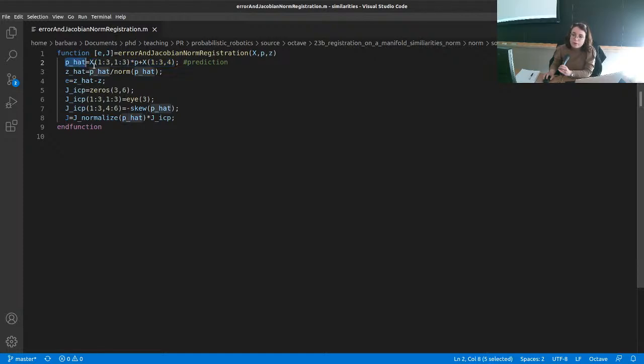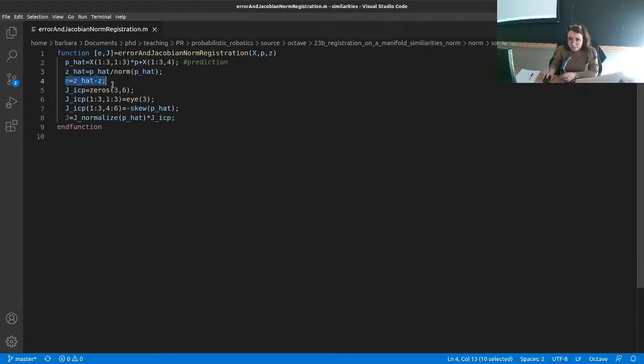Then we obtain the prediction of the measurement by normalizing this p hat. Indeed, we recall that in this case, the measurement is not simply a point in the sensor frame, but it's the normalization of this point. So z hat is the division of p hat by its norm. Then once we have the prediction of the measurement, we can compute the error.